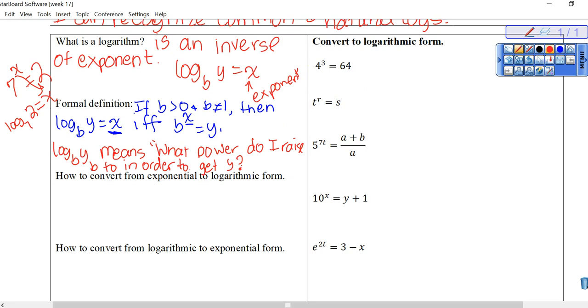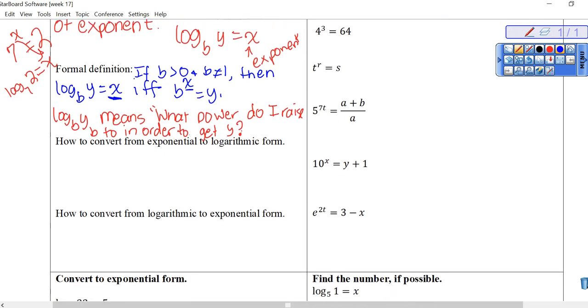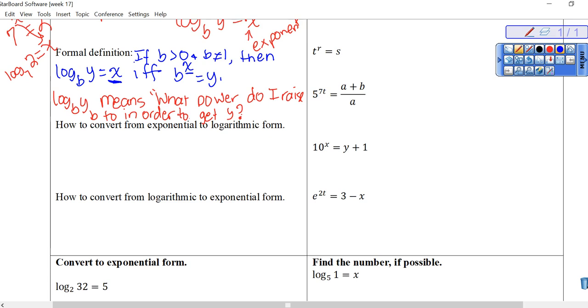Okay. So how to convert from exponential to logarithmic form. I'm going to treat my blue pen like it's my pencil, and I'm going to use my red pen to show illustrations. So let's take the exponential 7 squared equals 49. True statement, right? I'm going to use some lines to visualize the conversion process.